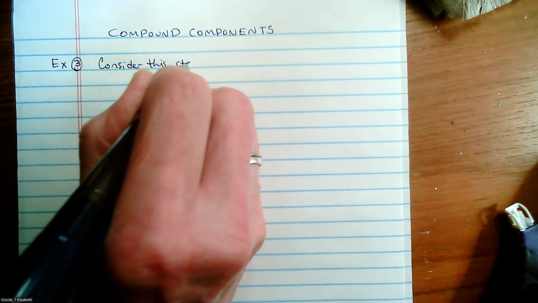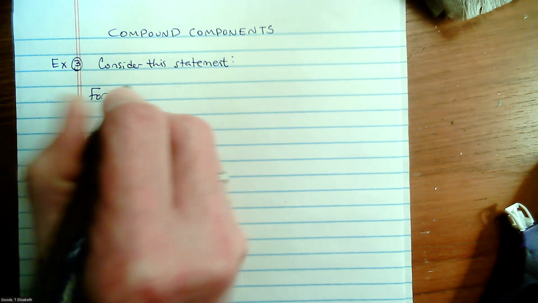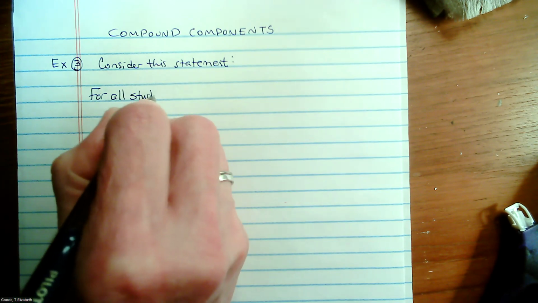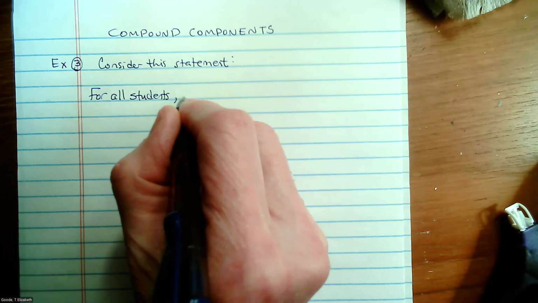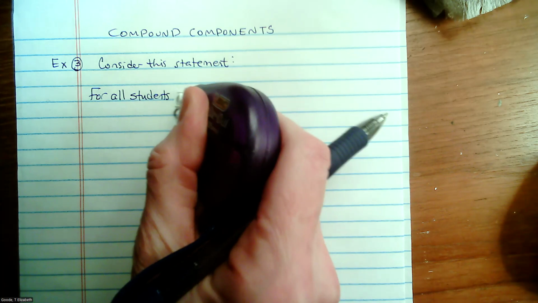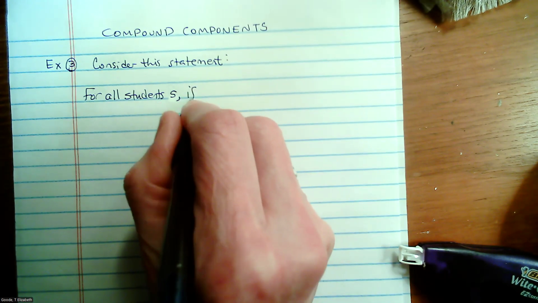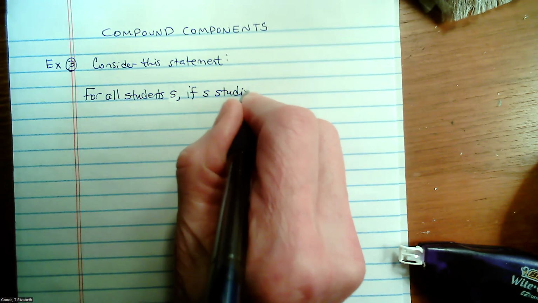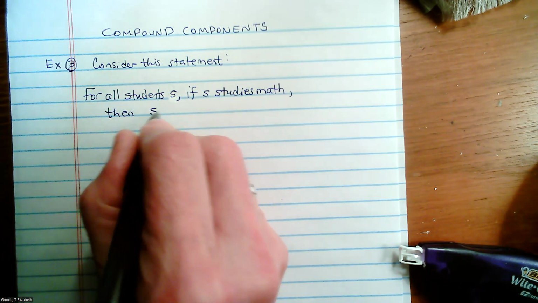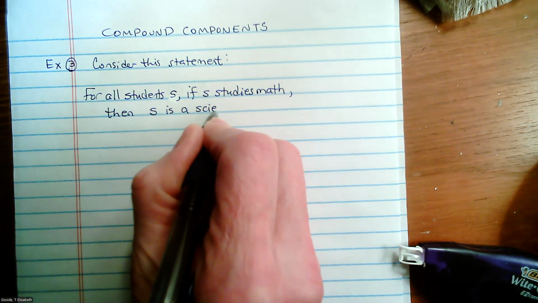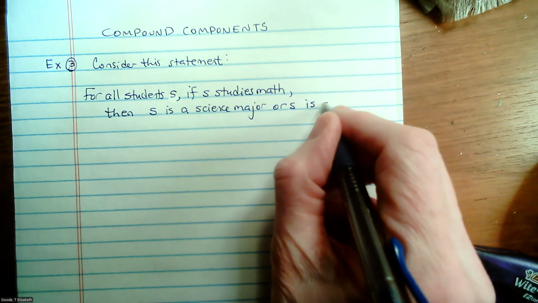Consider this statement. For all students S, if S studies math, then S is a science major or S is smart.